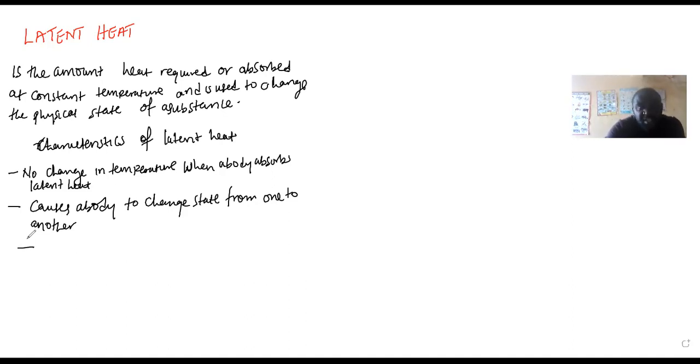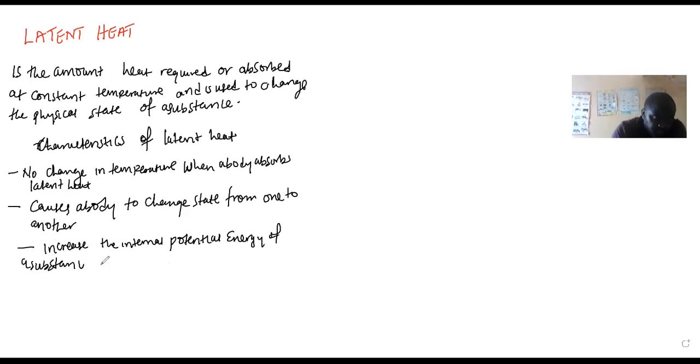It also makes the internal potential energy of the substance to increase. For example, how does that happen? When you look at solids and you bring that heat, it can break the intermolecular forces of attraction and bonds between the molecules.